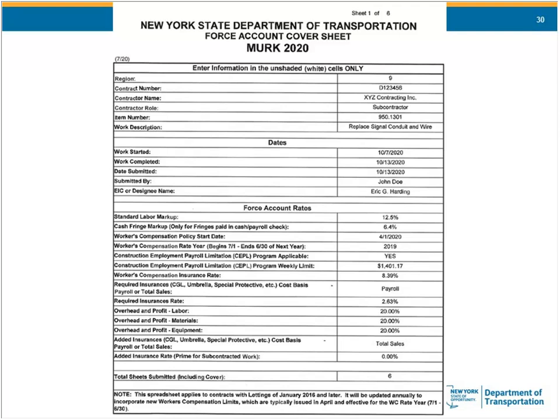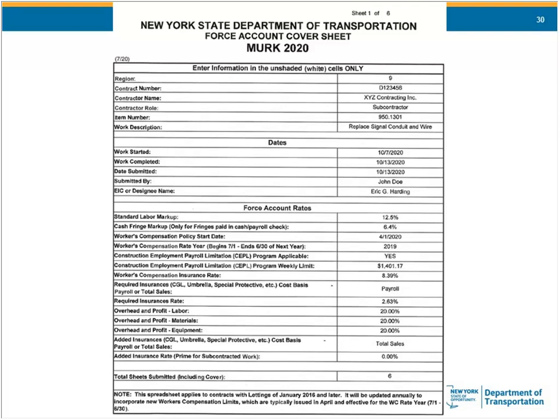Because the payroll limitation will change. We had that on our Prospect Mountain job. It was a long-term, ongoing force account, and we had to break it down, break out each year.